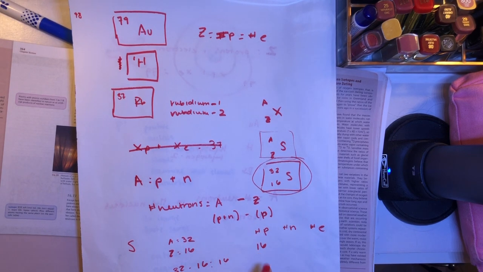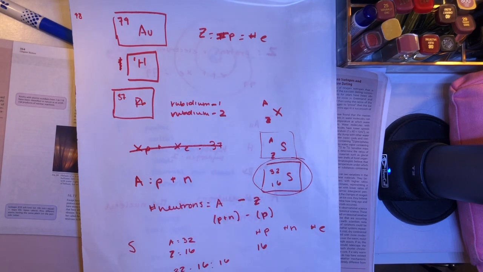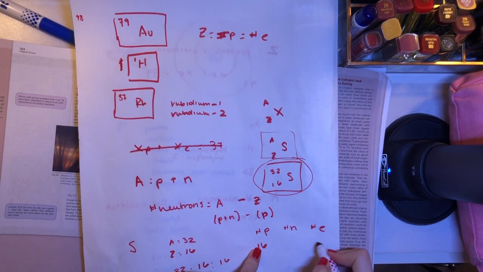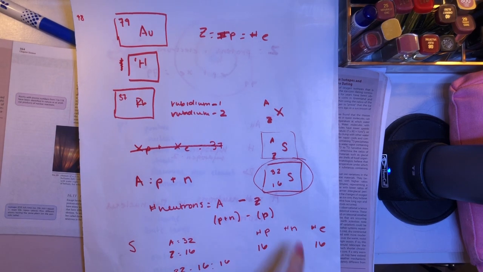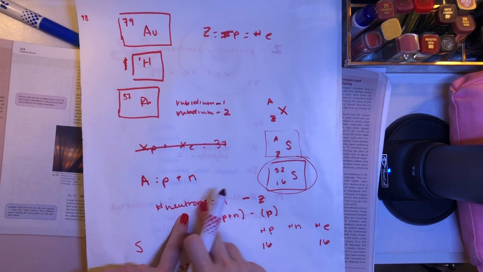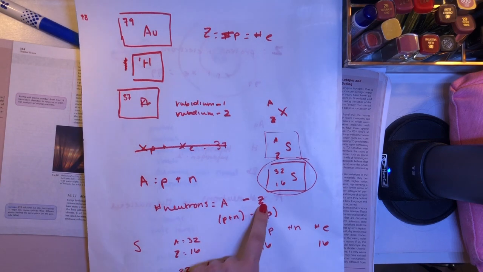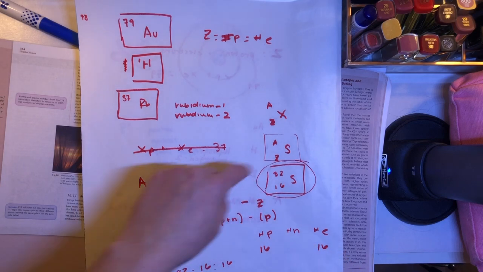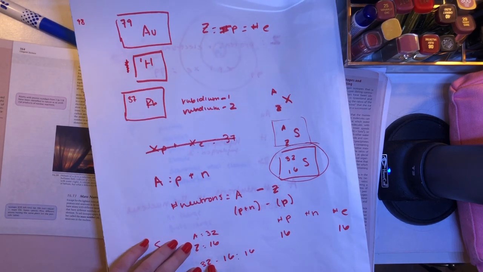And I also know that in order to have a neutral atom of this, the number of electrons has to equal the number of protons. So there are 16. Now, in order to find the number of neutrons, I have to go back to this equation here. I subtract the atomic number from the mass number. So that's exactly what we did here already.